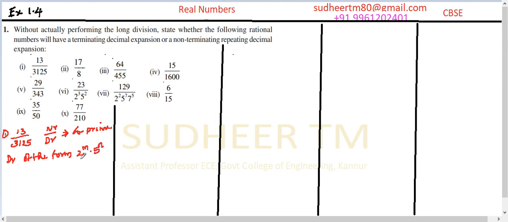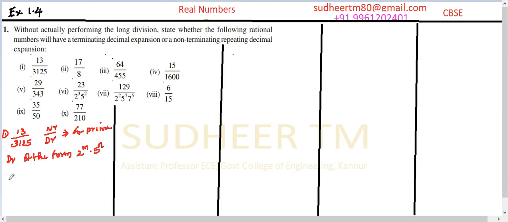If there is a factor other than 2 and 5 in the denominator, then the fraction will be non-terminating. If it contains only 2 and 5, or 2 only, or 5 only, then the fraction will be terminating.